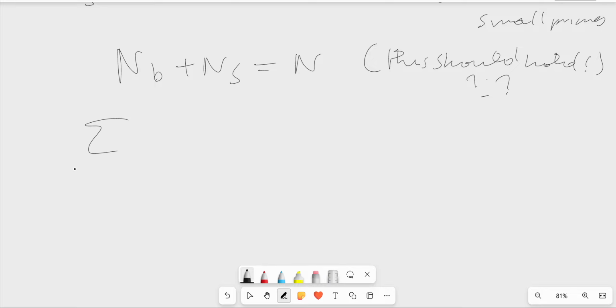You can tell that the sum of 1 over p_i is less than 1 over 2 once you multiply by n.